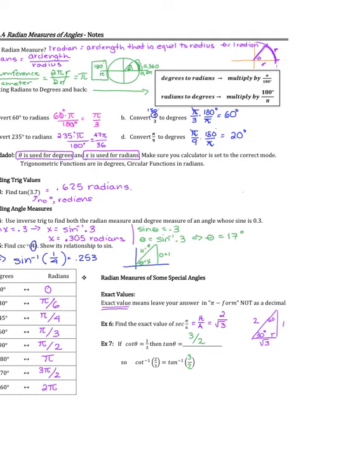Okay, I don't know if this is going to make sense, but you have the sine of an argument, like your angle, equals a ratio. The argument here might be degrees, it might be radians. So the argument of your trig is the degrees or the radians. The answer is a ratio of sides of a triangle.